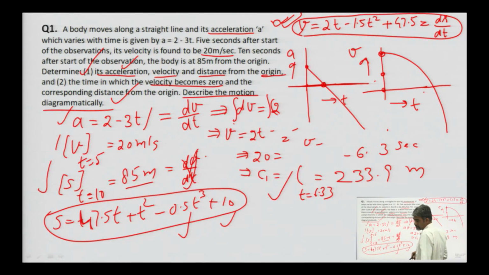Similarly, for velocity, calculate the value of v for t equal to 0, t equal to 1, t equal to 2, t equal to 3, and then plot it by yourself.